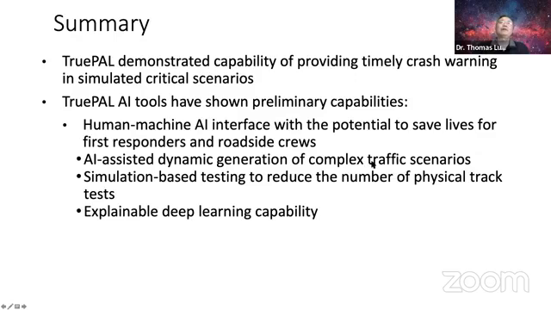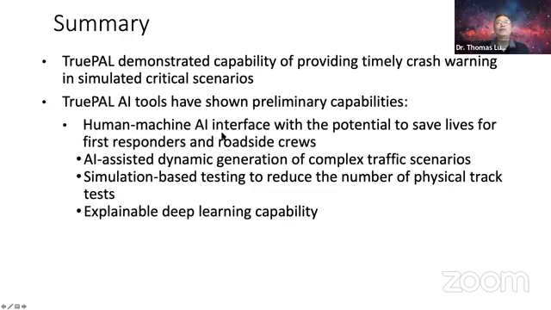So we demonstrate the capability of crash warning in simulated scenarios. So the next step is we use real videos. It's much harder to use real videos because it's hard to collect those videos. So that would take a longer time to do. But the simulated scenario looks very successful.